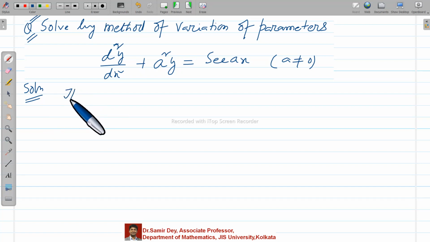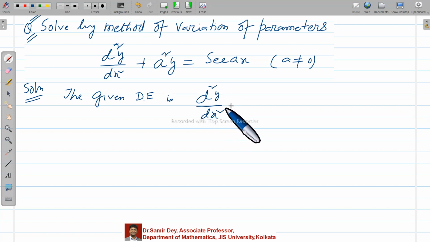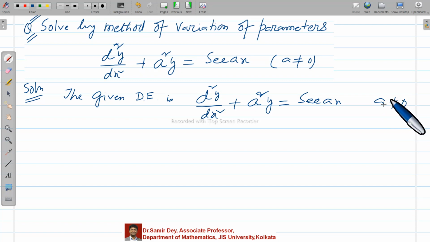Please write down the given differential equation: d^2y/dx^2 + a^2 y = sec ax, where a is not equal to 0.